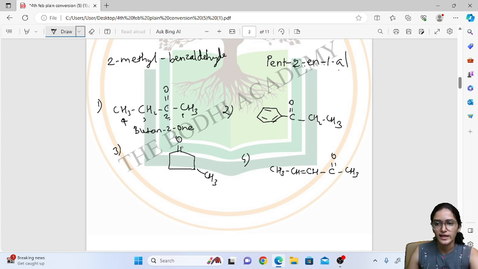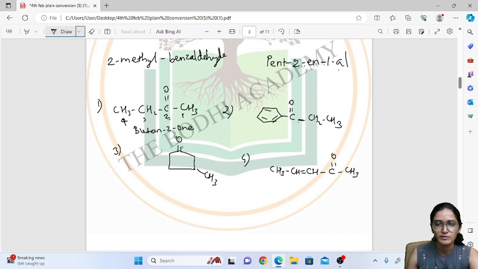Then the next compound is the benzene ring attached to the ketonic group. On one side of the ketonic group we have an aromatic group and on the other side we have an aliphatic group. So here the main compound will be the aliphatic one. Why? Because the carbonyl group is in that group.